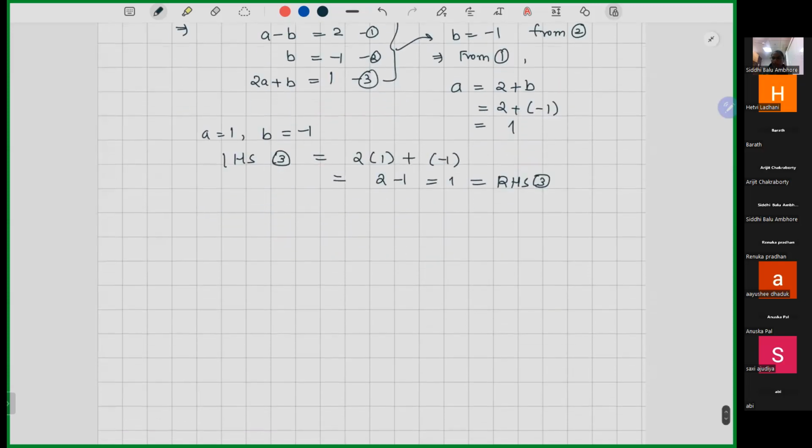So this a and b which we have got, a is equal to 1 and b is equal to -1, satisfy the above system of linear equations.